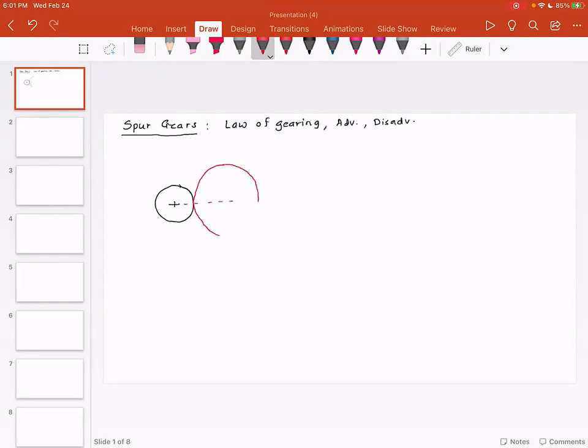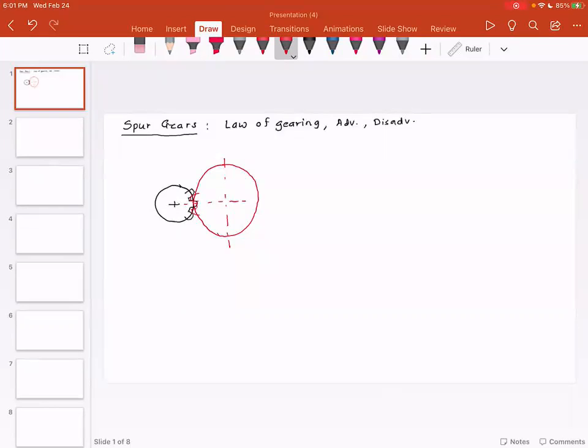So you have a pinion and you have the large gear. Now, what we do is we cut teeth on these gears. So the pinion gear will have teeth and the big gear will have teeth.